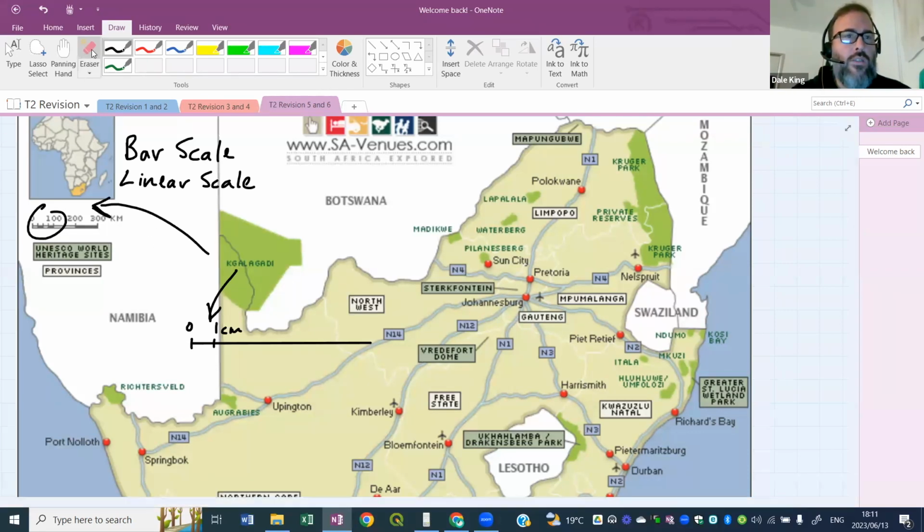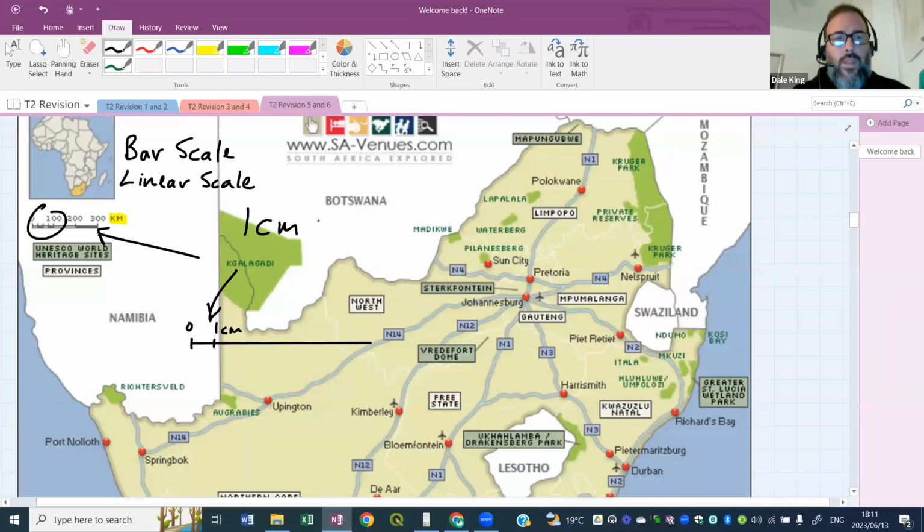And you'll see on the bar scale that there are units. So we can see here that they've got kilometers there. I've highlighted it in yellow. So if I write a little story about this, what I could say is 1 centimeter on my ruler represents, and instead of using the word represents, I'm going to use the colon, 100 kilometers.